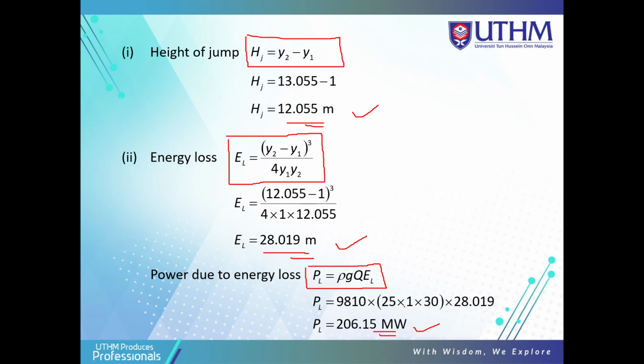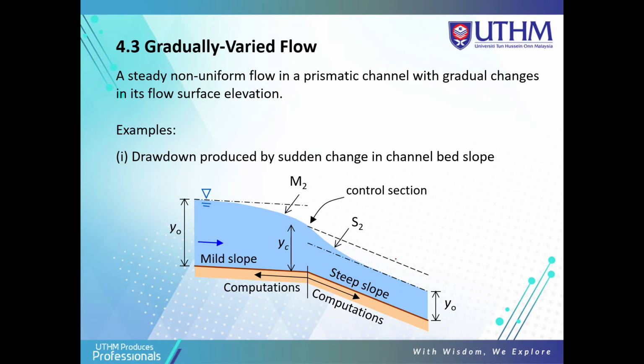After the hydraulic jump, the hydraulic jump is part of rapidly varied flow, and we are now in the second part, the topic of gradually varied flow. You must remember and understand that the hydraulic jump is rapidly varied flow.